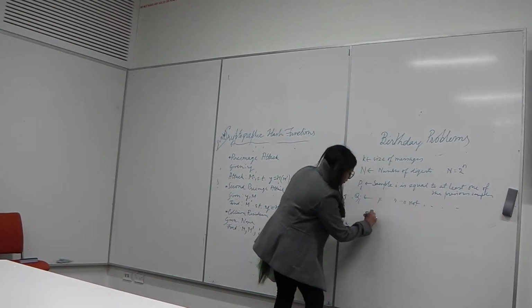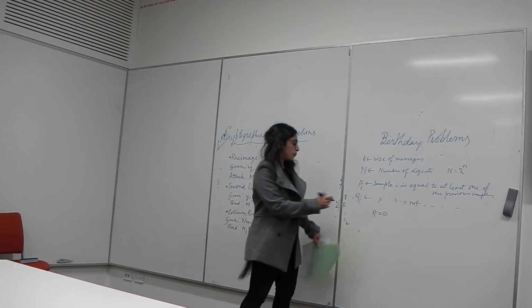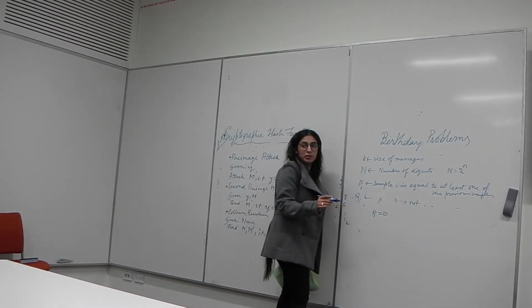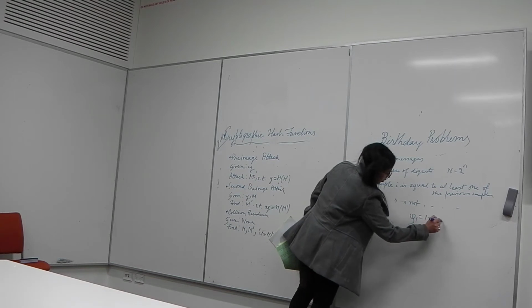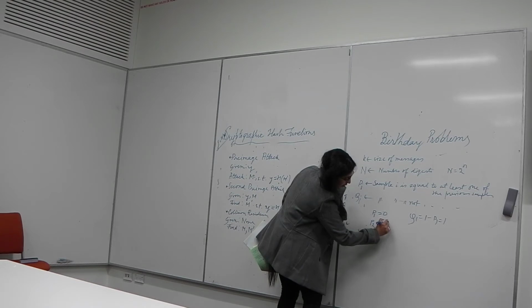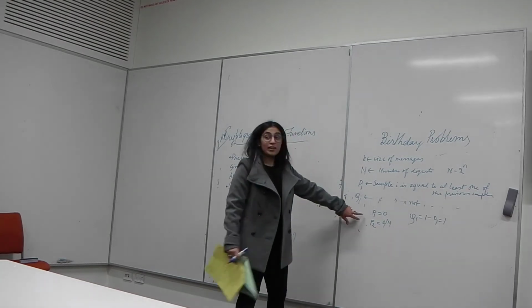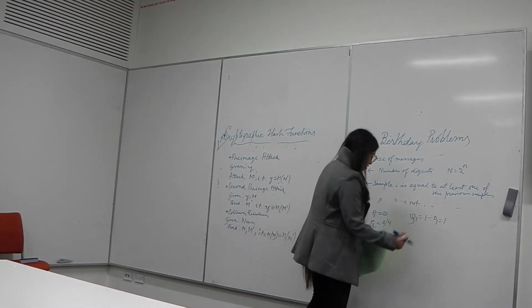If you see, P1 will be 0 because before P1 there are no samples, and Q1 is 1 minus P1, so 1. P2 should be 1 by n because there is only one sample before P2 and it should be one of the 2 power n values.